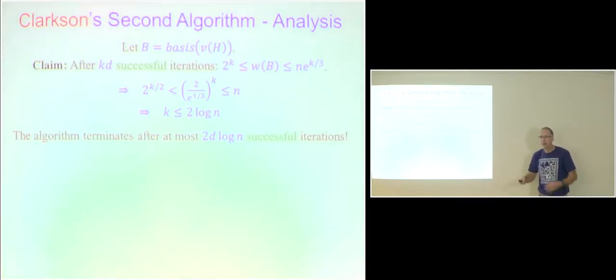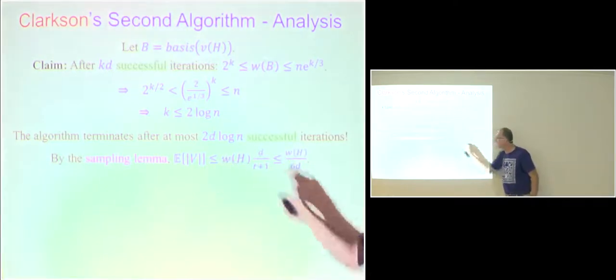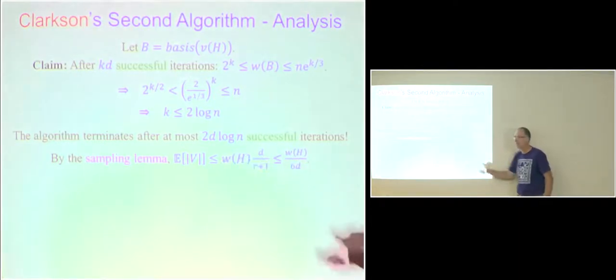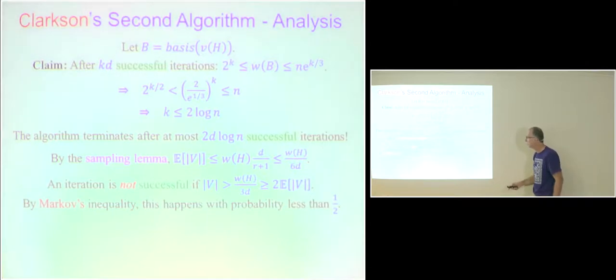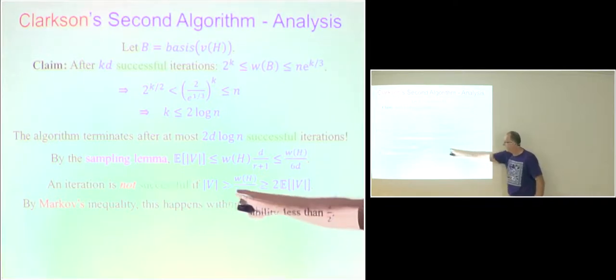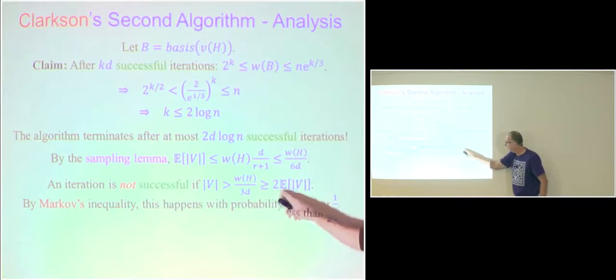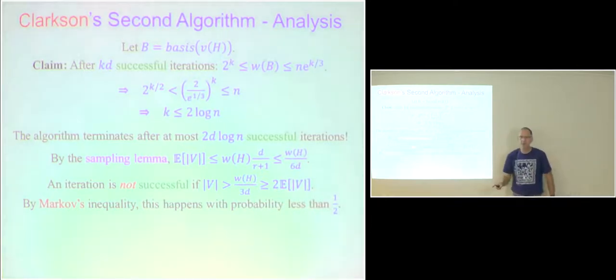Okay, but now what about the unsuccessful iterations? Maybe there are a lot of them. But note that by the sampling lemma we have the following bound on the expected number of violated inequalities. If an iteration is not successful, then the number of violated inequalities is larger than twice the expected number.